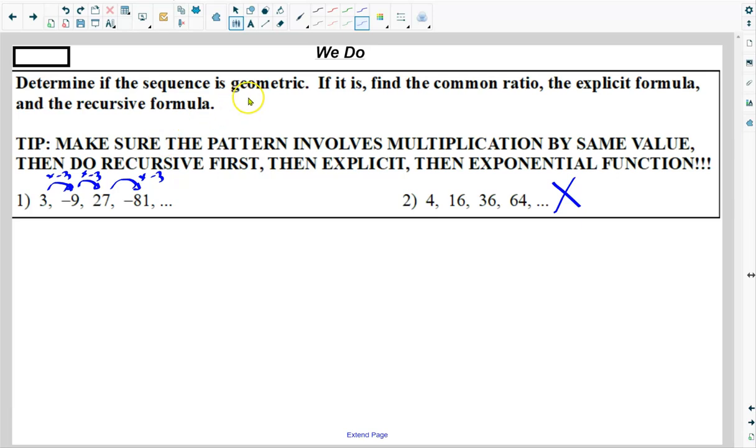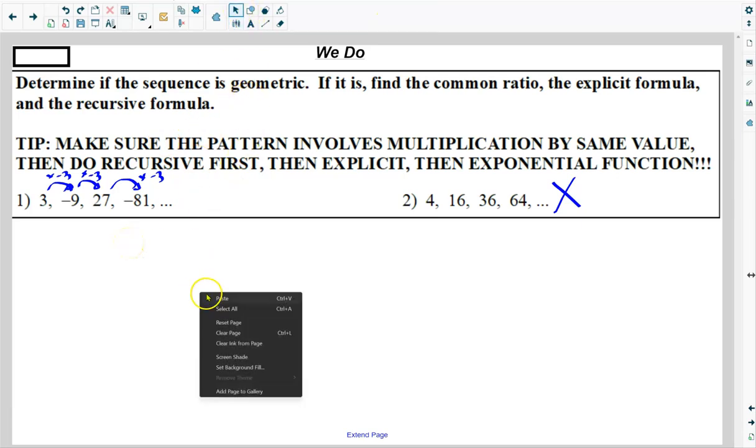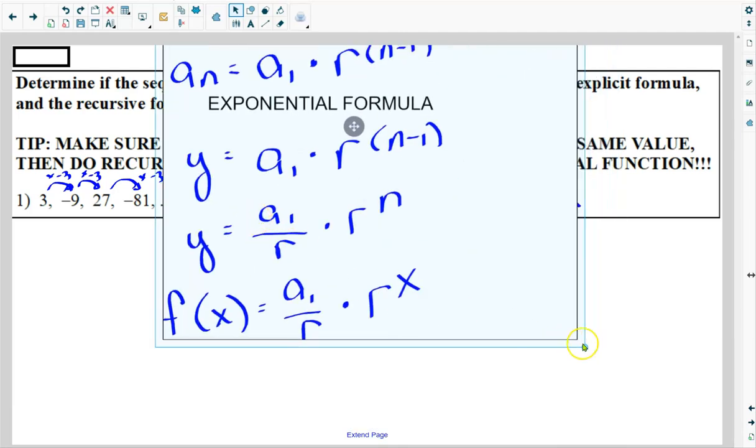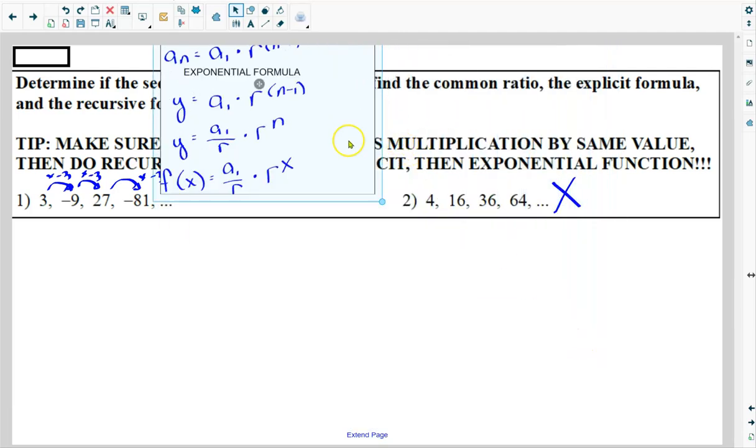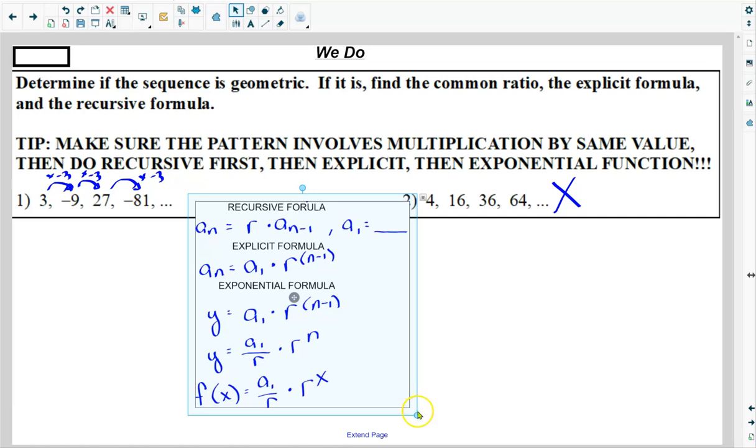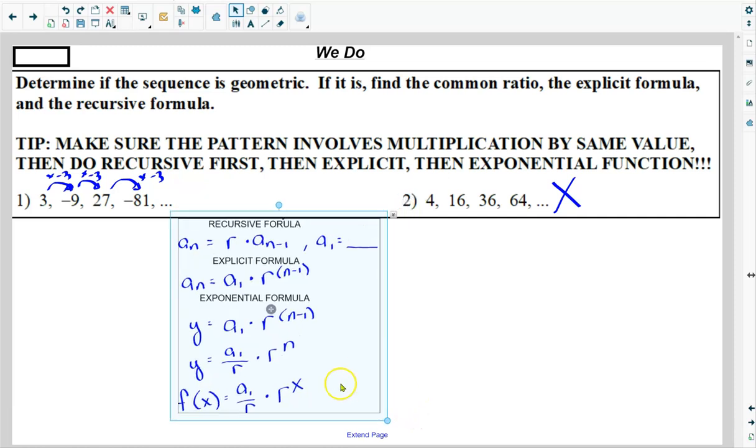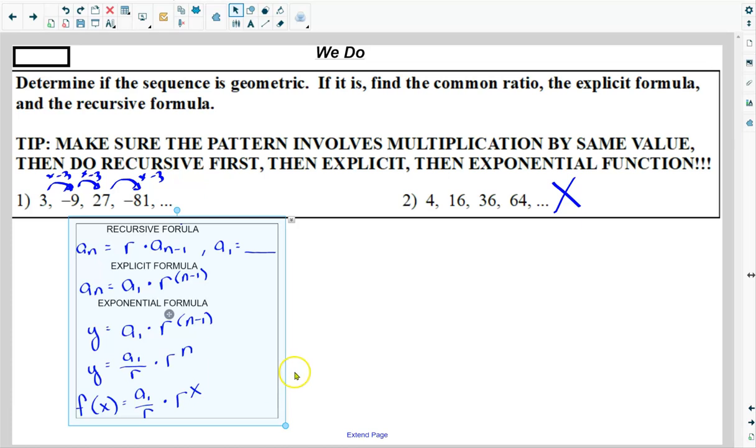There's the pattern that is geometric, so I am going to be able to do this one. Okay? So I'm going to use my notes. Okay? I get you guys don't like copying, so definitely make sure you have your notes accessible. Okay?